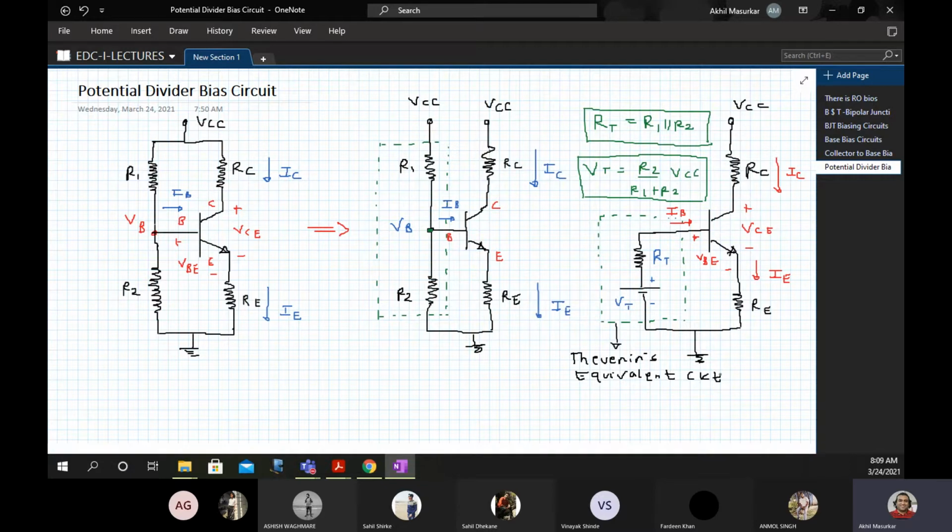Now once we have the circuit in this way, we are free to apply KVL on the input side, and then we will apply KVL on the output side.